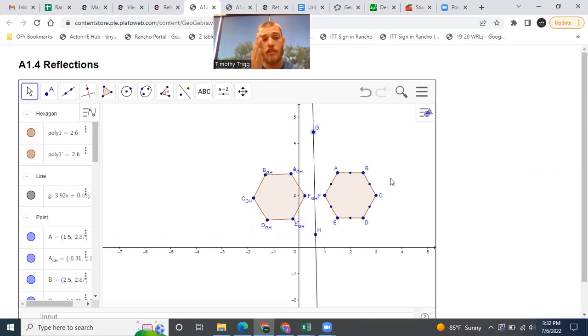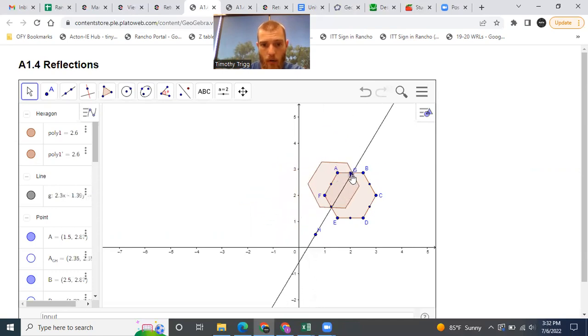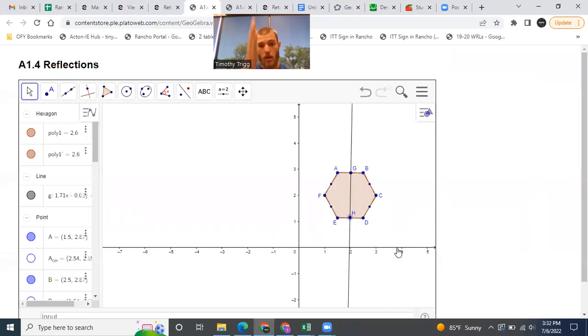Basically, a line of symmetry is a line of reflection that would reflect the preimage directly onto itself. So let me show you what I mean. If I put G right here and H right here, notice that this is known as a line of symmetry because the preimage and the image are completely lined up. So you can draw one line of symmetry just like that.